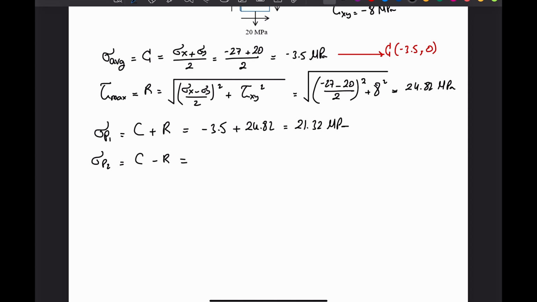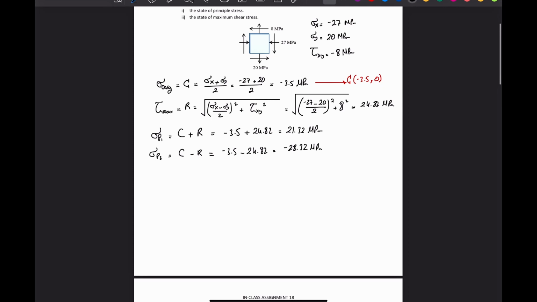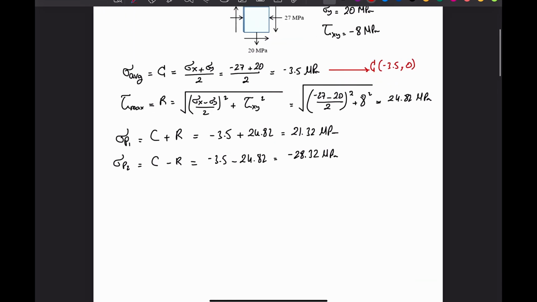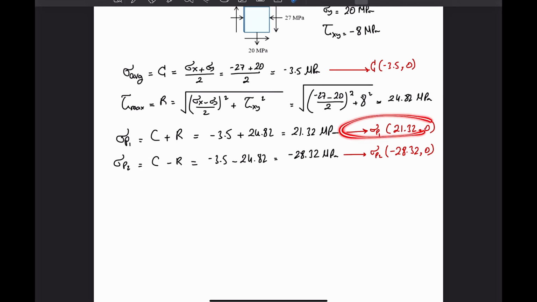Same thing here, I'm gonna say negative 3.5 minus 24.82, and I'm getting negative 28.32. And those are principal stresses, and those are points on the Mohr circle. So 21.32 and 0, and that is sigma P1. And then I do have sigma P2, which is negative 28.32 and 0. And those are the boundaries of my circle.